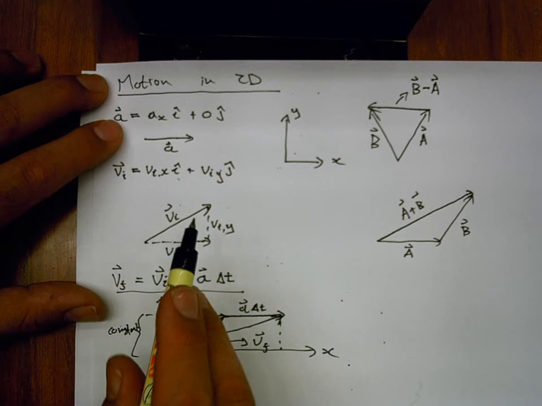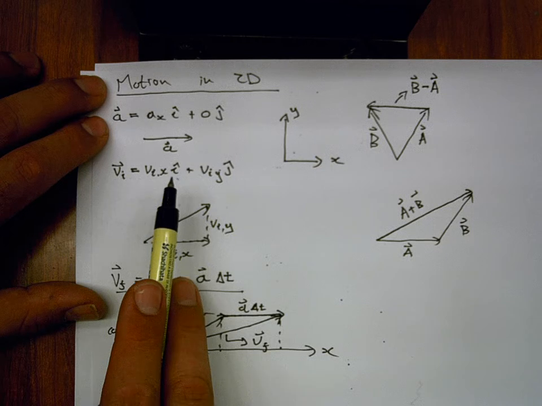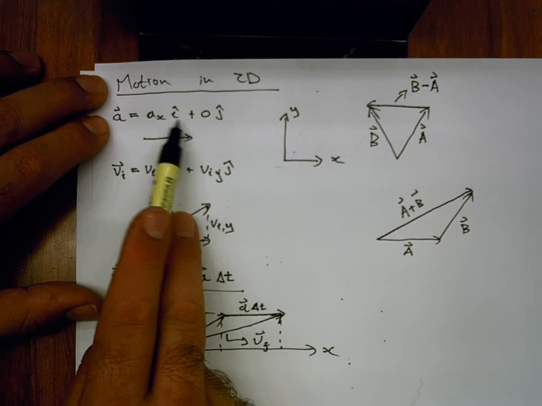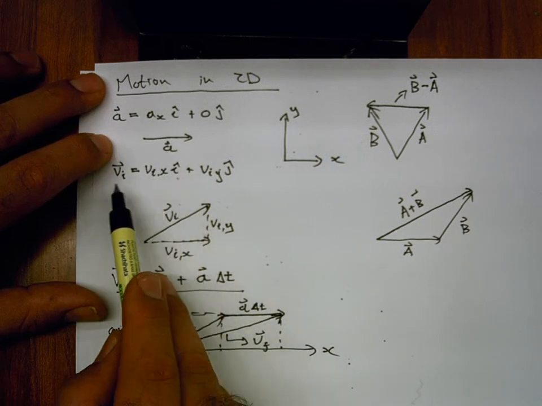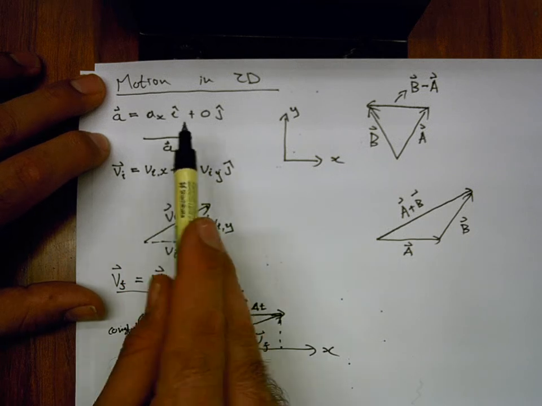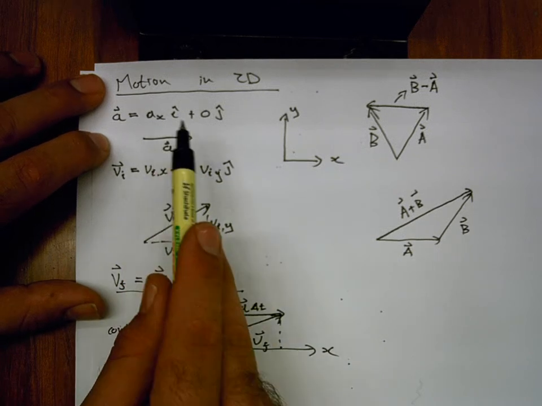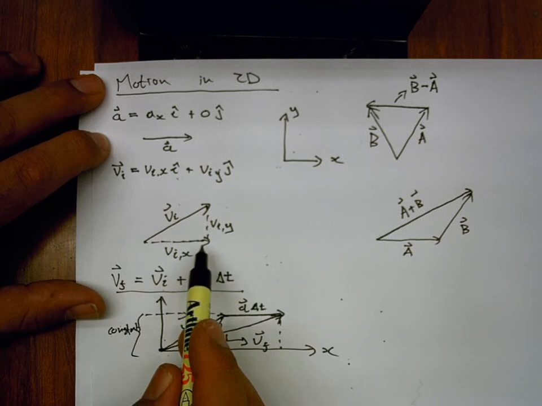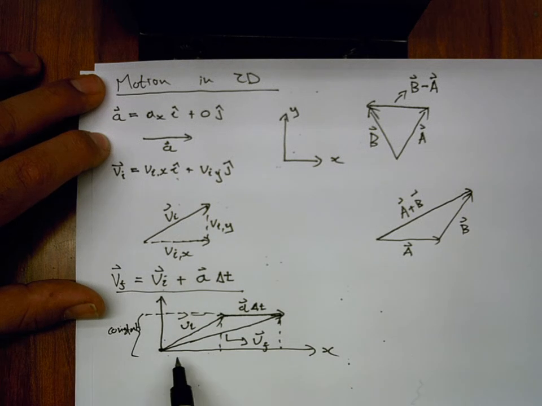So what we see here is, if I've only got acceleration in one direction, I only change the component of the velocity in that same direction. So if I've only got acceleration along x, I only change the velocity in the x direction. So I'm only increasing one component of the velocity.